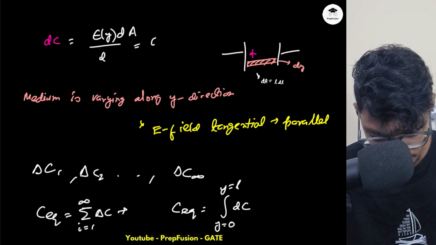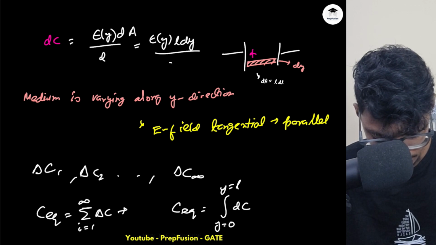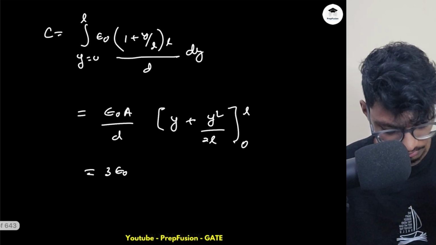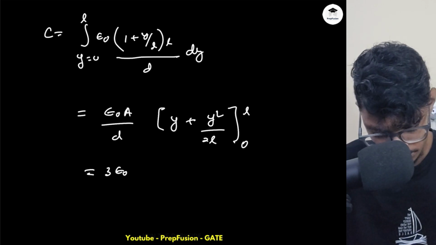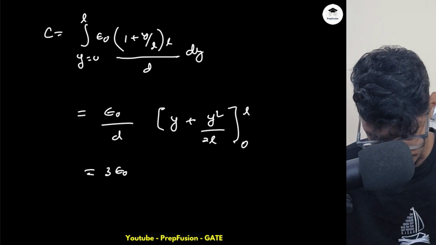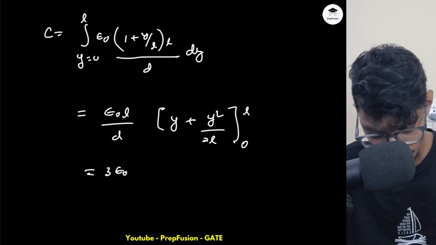And dA is epsilon y into L times dy by d. Mistake on my part, sorry for that. So A will not be here, just an L will be here.